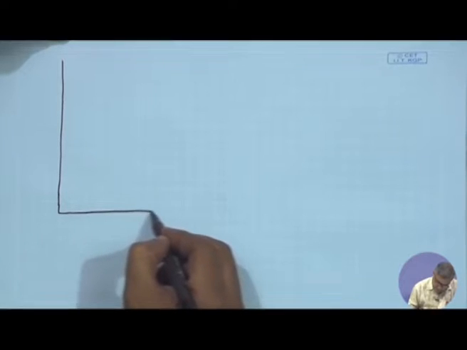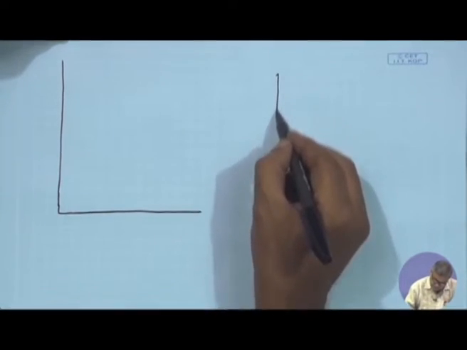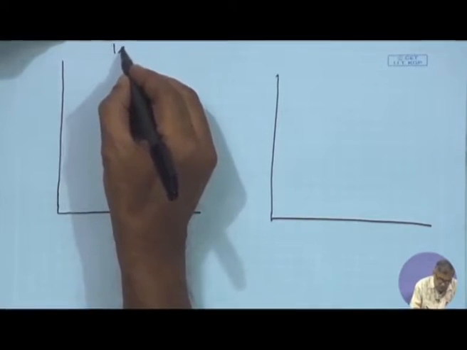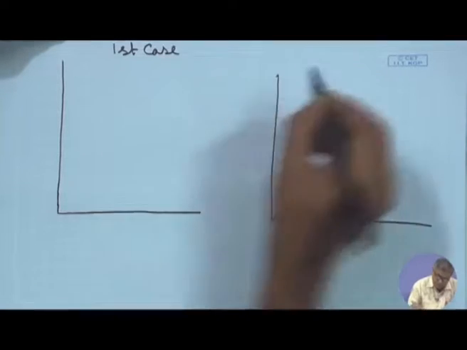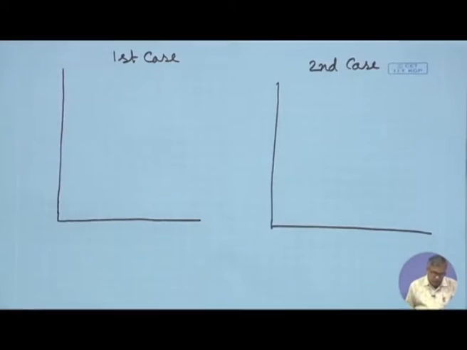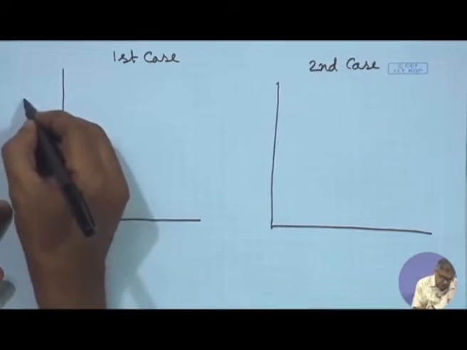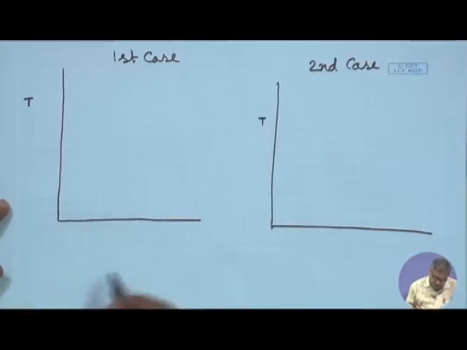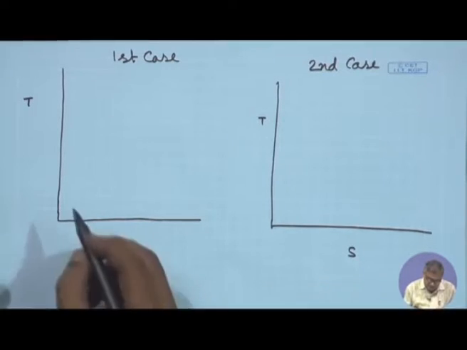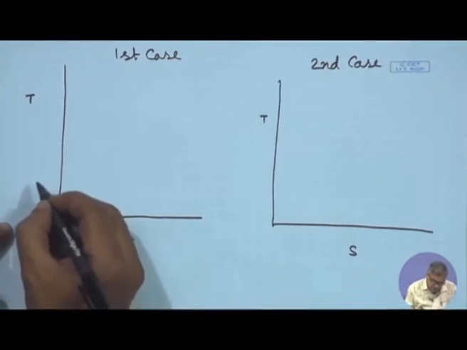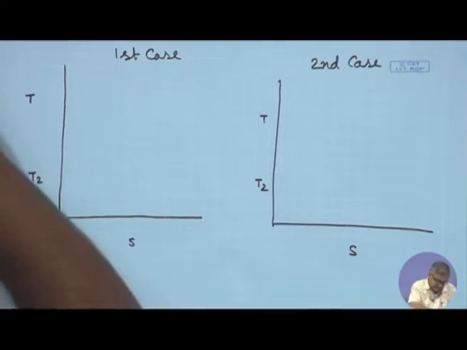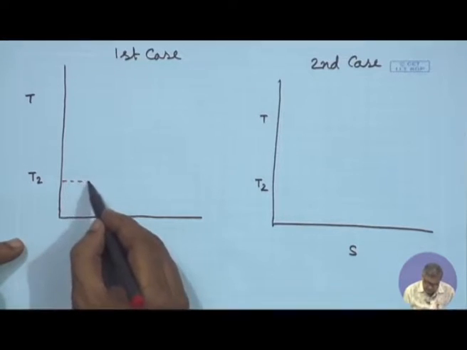Let us have two figures side by side. First case, and then the second case. This is your temperature and entropy coordinate, and in both the cases we are having T 2 at 300 Kelvin.